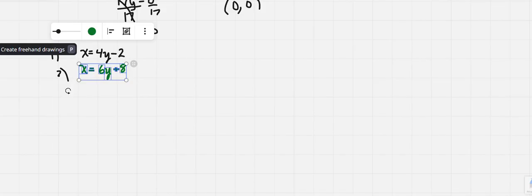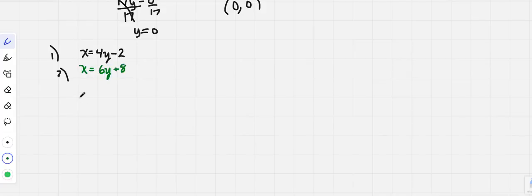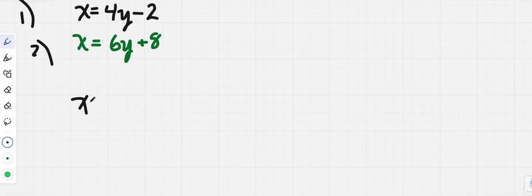We're going to plug that into the first equation. So equation 1, x equals 4y minus 2. And instead of x, we're going to put 6y plus 8. And this is equation 1 we're substituting into.